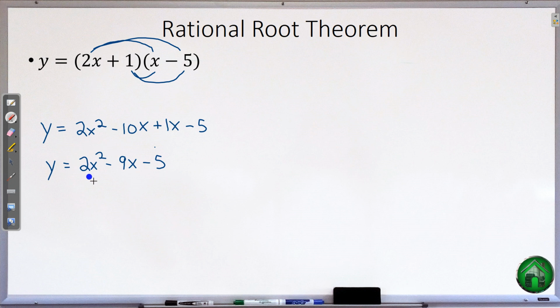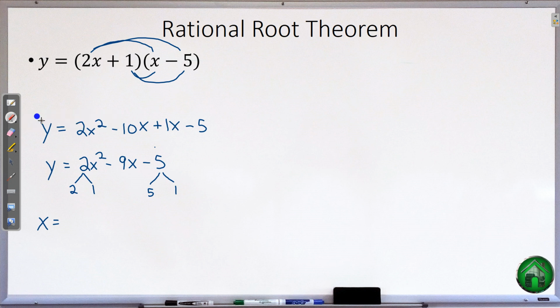Now yes, we can factor this equation pretty easily and get back to here, but let's pretend that we can't. The rational root theorem says that your x-intercepts will be fractions where the top of the fraction is one of the factors of this number, so 5 and 1, and the bottom of your fraction is one of the factors of this number, so 2 and 1.